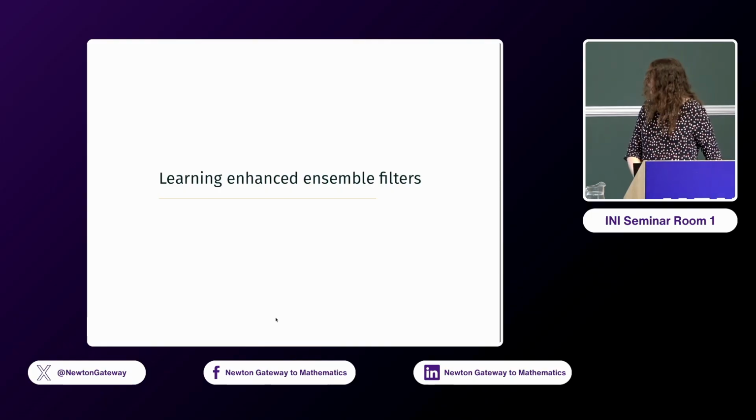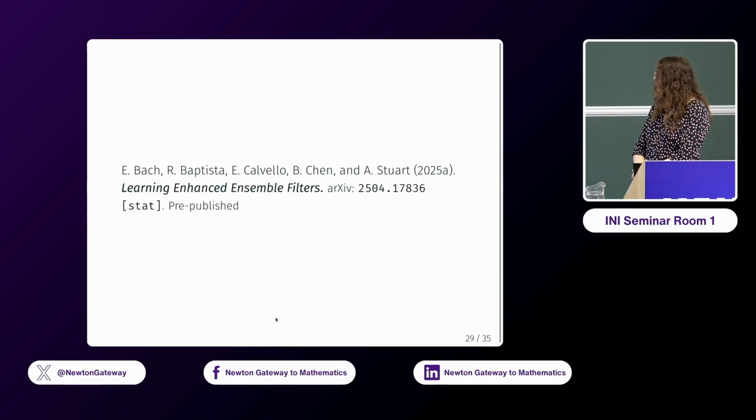I'll just talk briefly about this other work, which is about learning enhanced ensemble filters. Again, this is in preprint, and this is also with Bohan Chen, who did the numerical experiments, and also Eduardo Calvello.